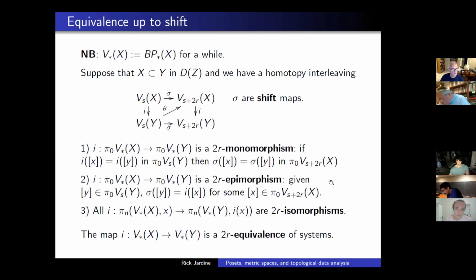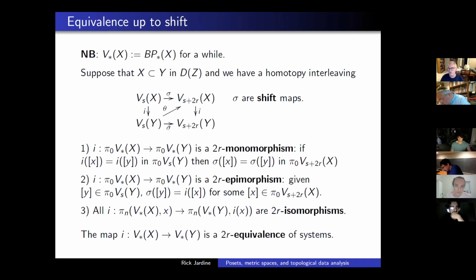So this sort of statement about 2R isomorphisms is true for path components and all higher homotopy groups. And that's what I mean when I say that the induced map from the Vietoris-Rips system for X to the Vietoris-Rips system for Y is a 2R equivalence, okay?